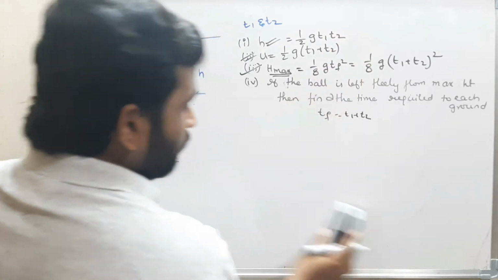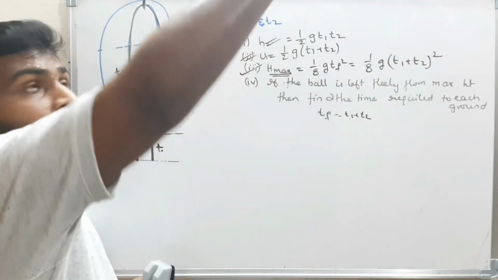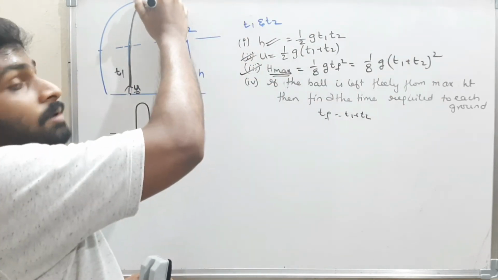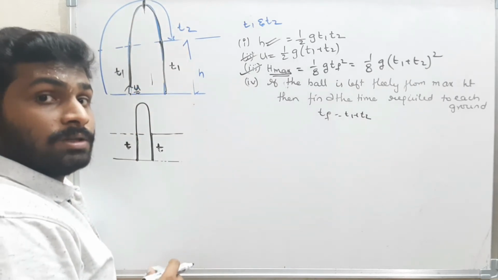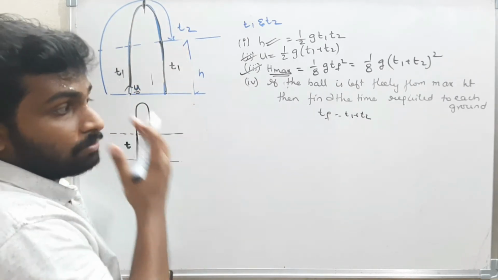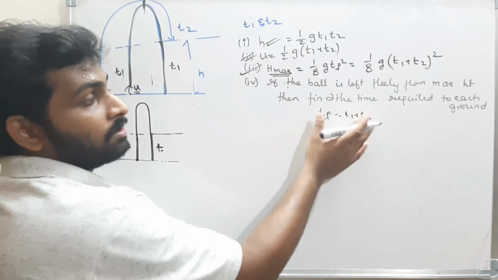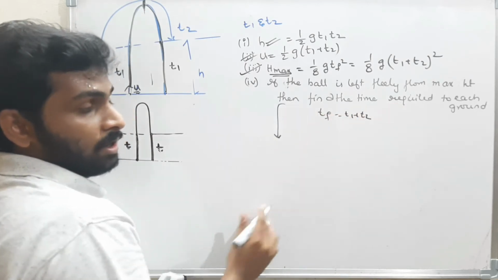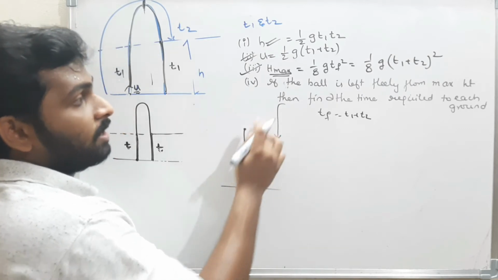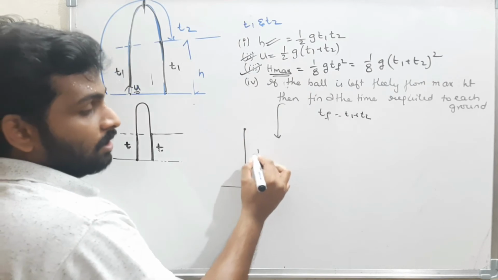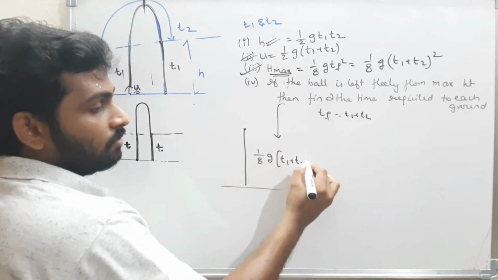Lastly, what did they tell us to find? If the ball is left freely from the maximum height, that means from here, the time taken by the body to move from here to here is t3. Now find the time required to reach the ground. If the ball is left freely from the maximum height, what is the maximum height? Maximum height is 1 by 8 g (t1 plus t2) whole square.